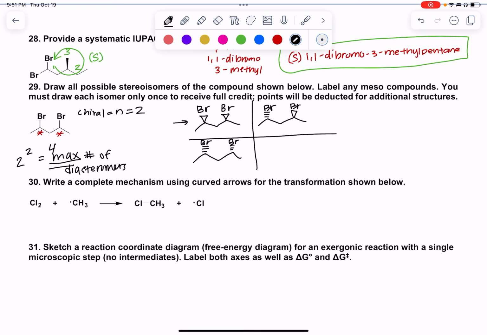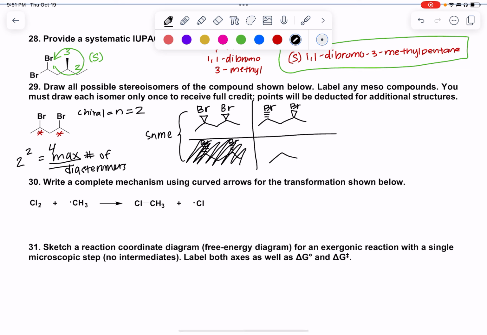But this is the same compound. These two are the same, because if you were to flip it over and look at it from the back, if you looked at this one from the back, it would be this one. If you looked at this one from the back, it would be this one. So these are the same. So you can just scratch this one out if you wanted to.